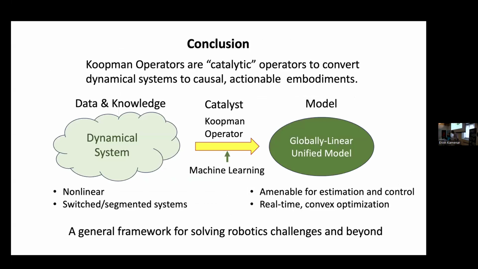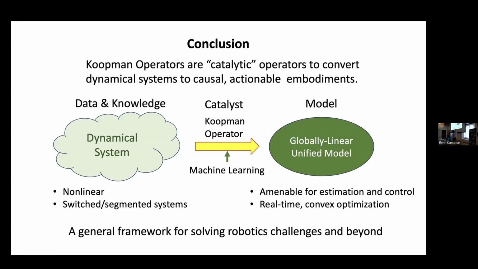Just to conclude, I want to make one important point of my view. I see Koopman operators as catalytic operators that convert a dynamic system to a causal, actionable embodiment. In robotics in particular, hybrid systems and switched systems are harder to characterize.